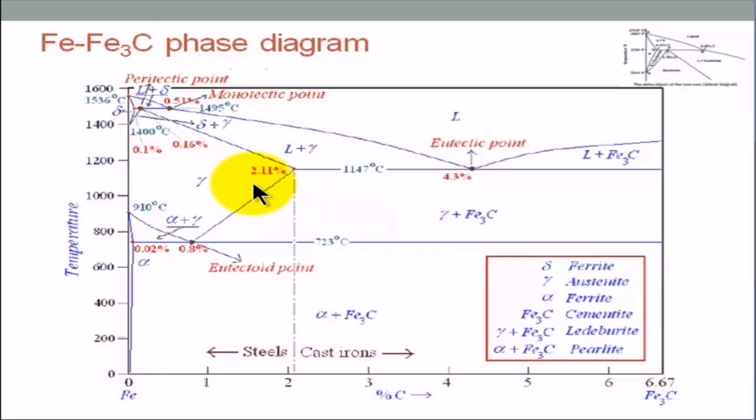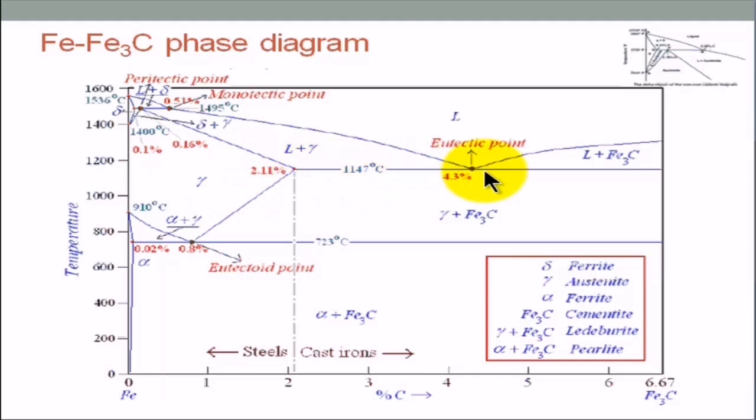The first horizontal line is at 1490 degrees Celsius, where the peritectic reaction takes place. That means liquid plus delta, after cooling, becomes austenite structure.